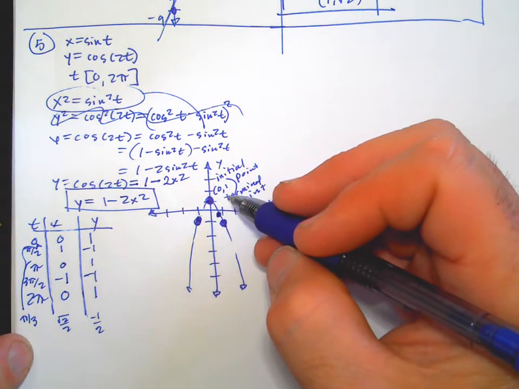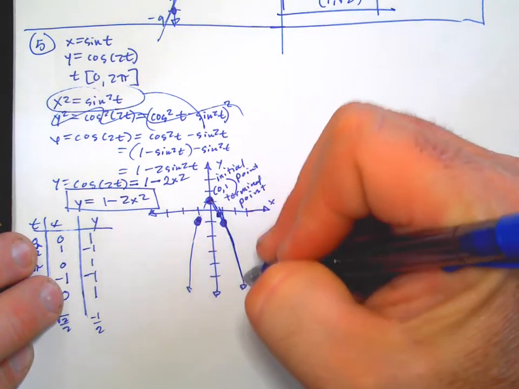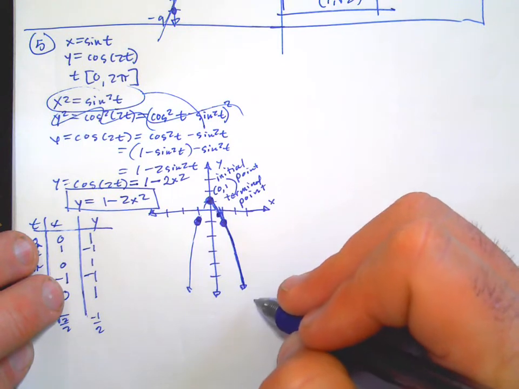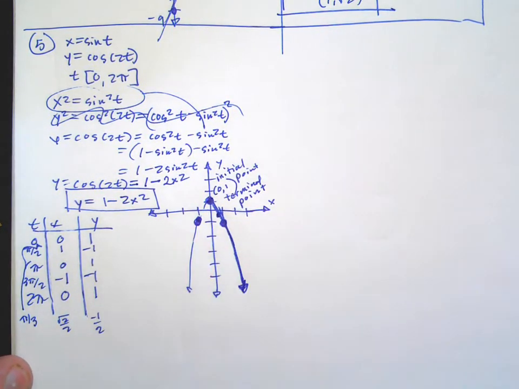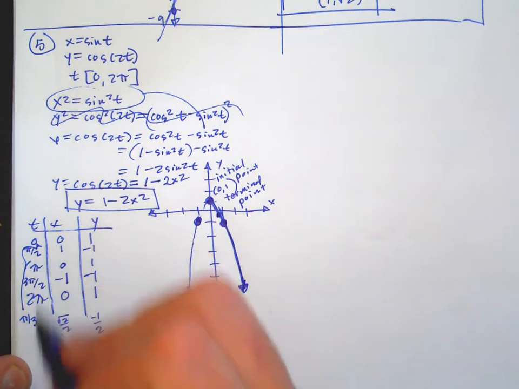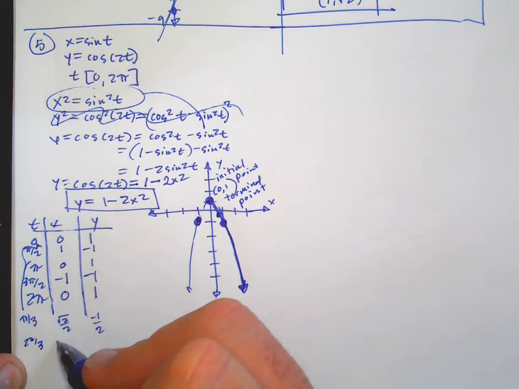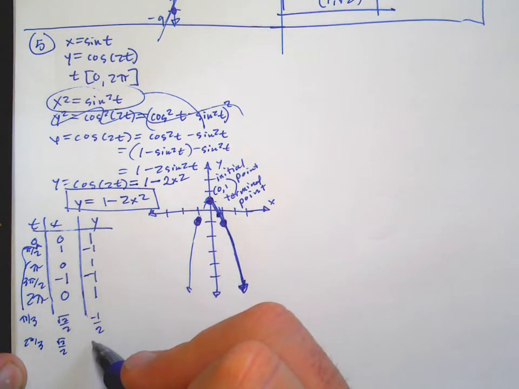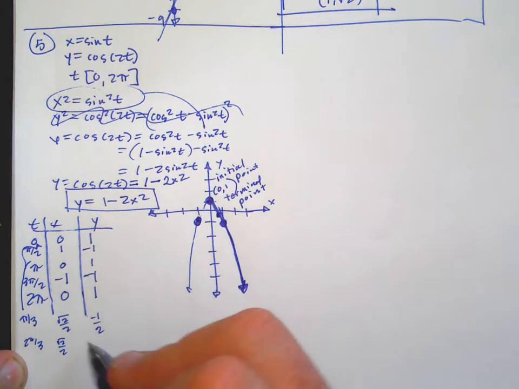And then I'm assuming it just keeps going, right? As we get closer to pi, say 4 pi over 3, that would be negative also.